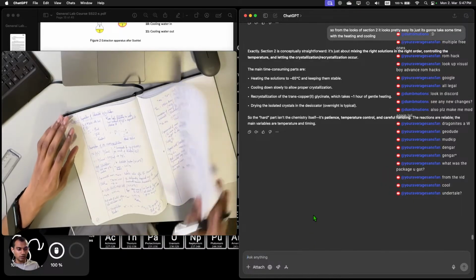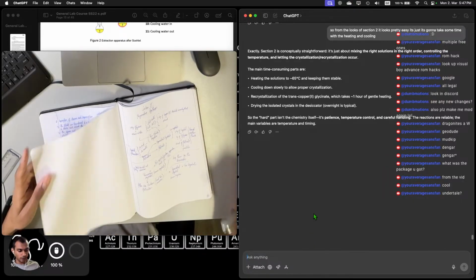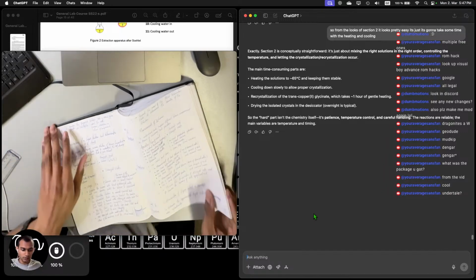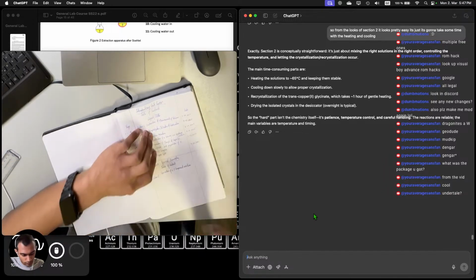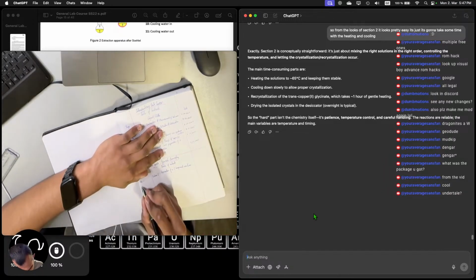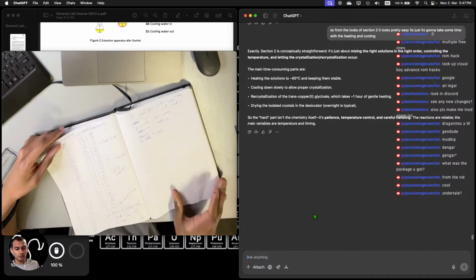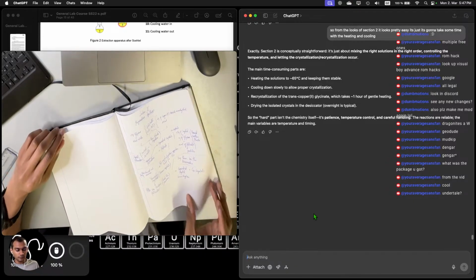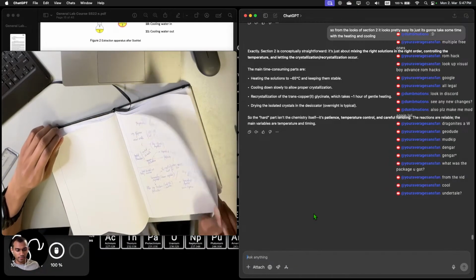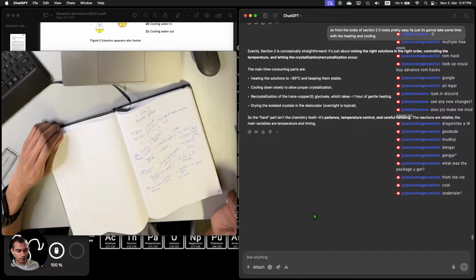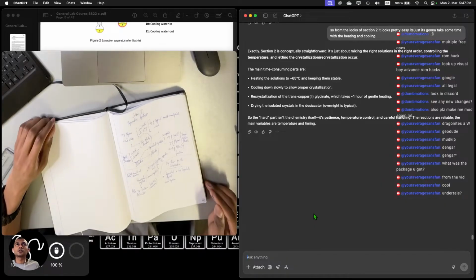Section 1. Section 2 starts at 49. Exactly, conceptually straightforward.